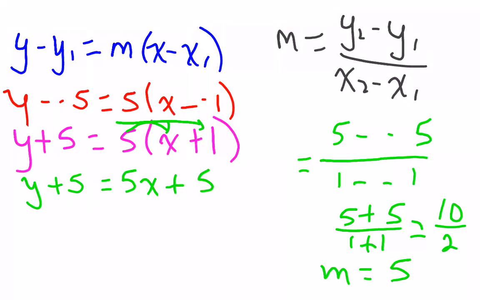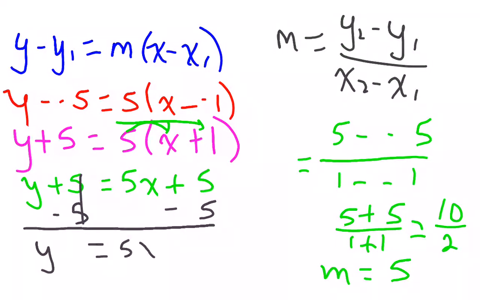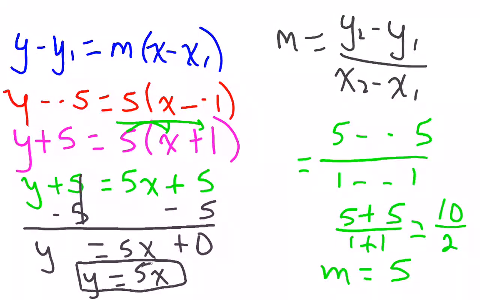In order to get rid of plus 5, we're going to subtract 5 from both sides. 5 minus 5 is 0, so we have y equals 5x, and then 5 minus 5 is 0. So technically we have a plus 0 there. We don't necessarily need it. Y equals 5x is sufficient enough, and that's the equation of that line. All right, let's look at another example.